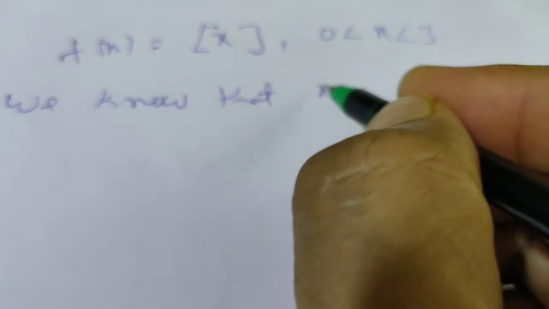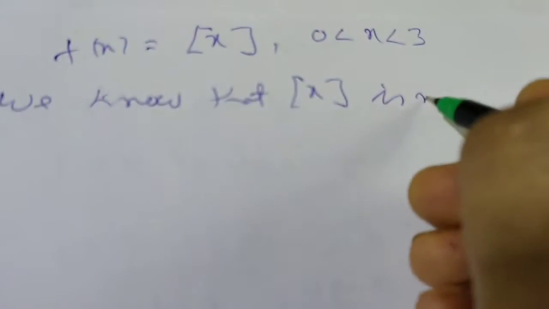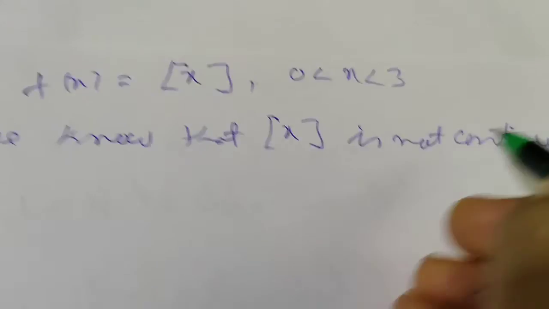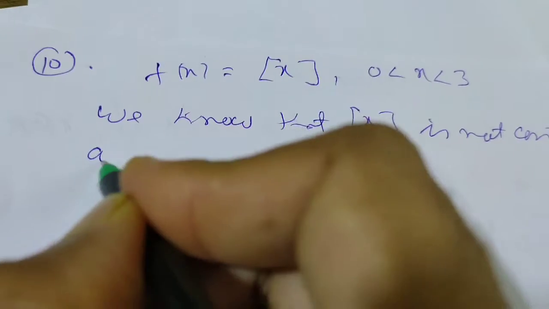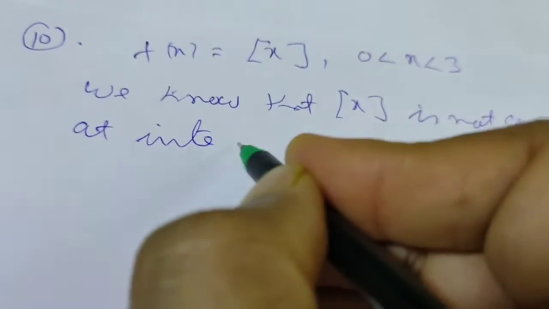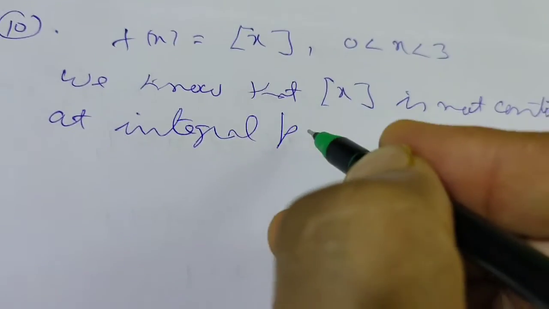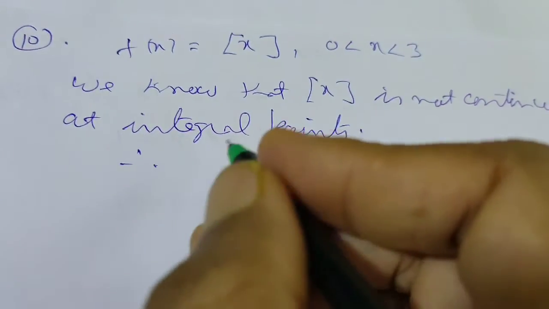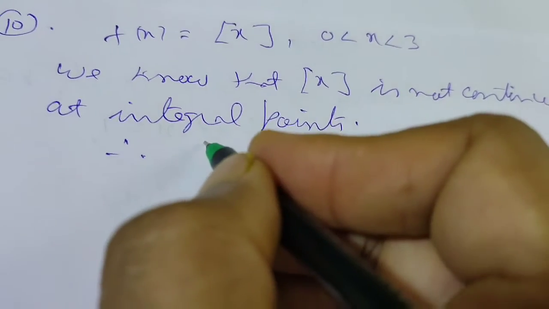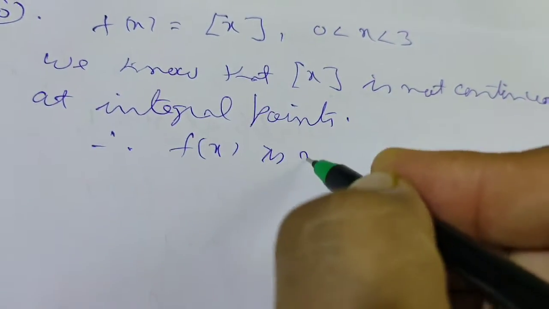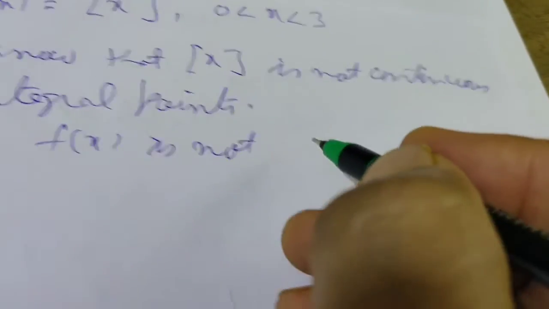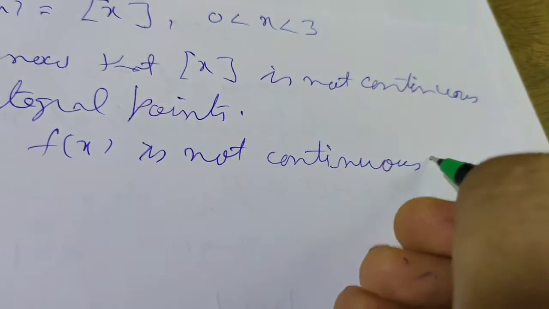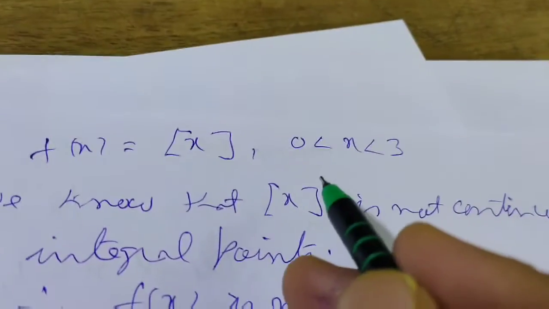We know that the greatest integer function is not continuous at integral points, therefore f(x) is not continuous at, what are the integral points between 0 and 3?